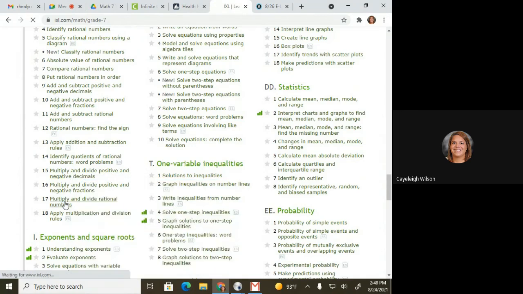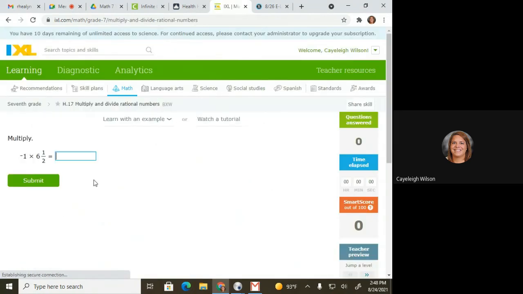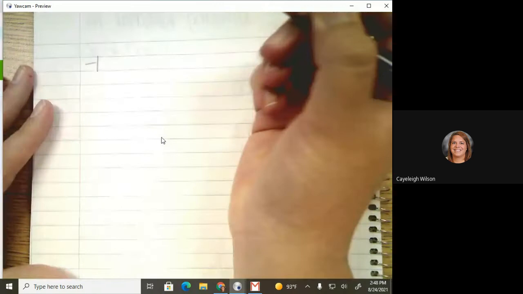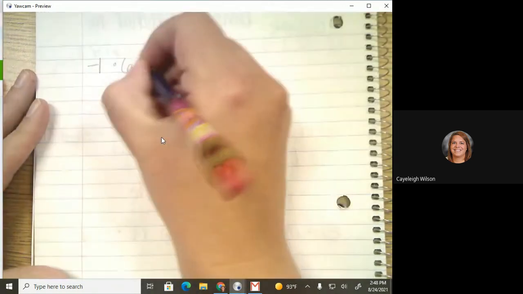So like when you click this one, I'll just do this first one with you here. So -1 times 6 1/2. I'm going to go back to my paper here, which I know -1 times anything is just itself, but I just want to show you that it does accept improper fractions. So times 6.5.